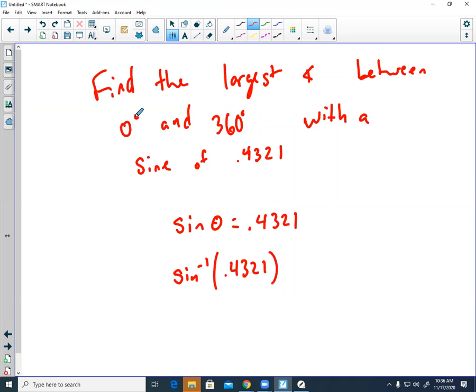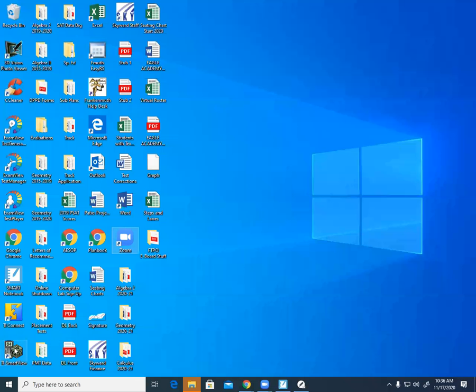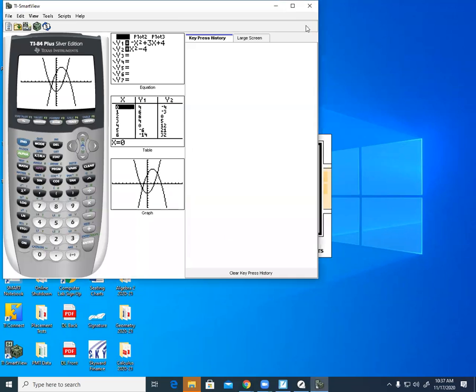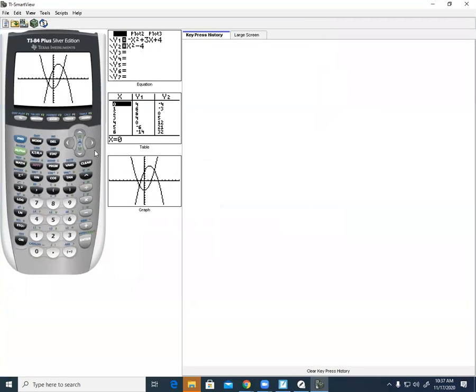It says degrees here and degrees here, which means my answer should be in degrees, so my calculator should be in degrees. I'm going to go to my calculator and show you what I would do. In this case, we're going to round a little bit, to whatever is the closest.